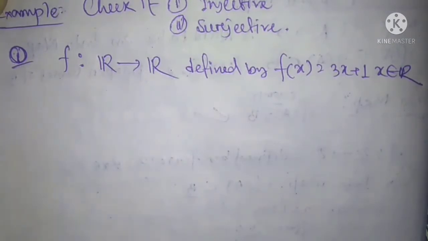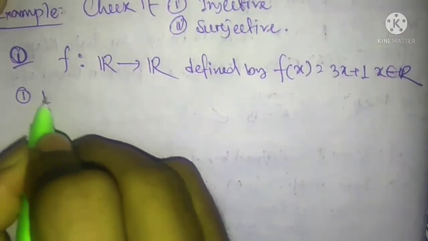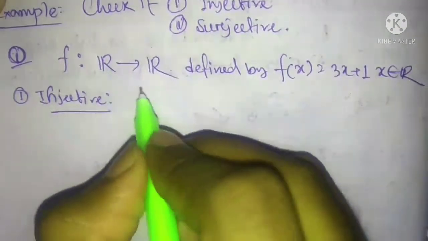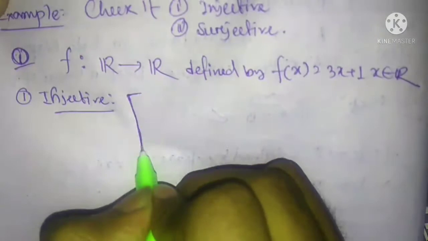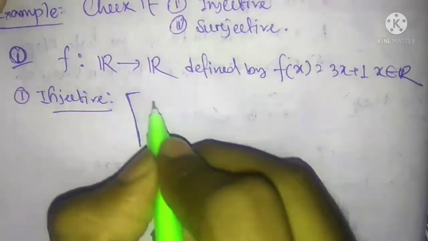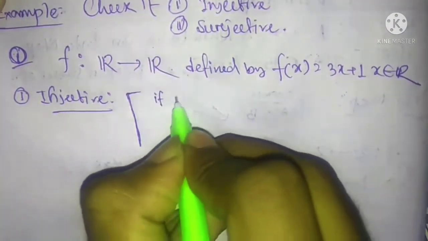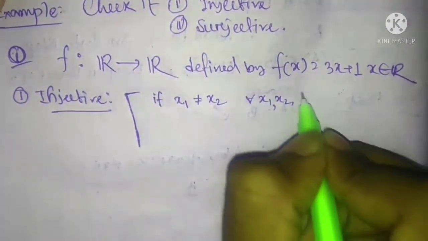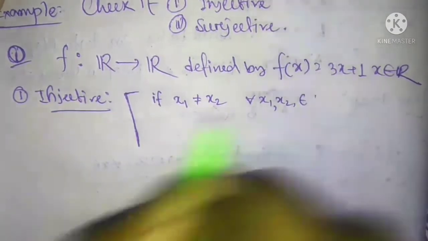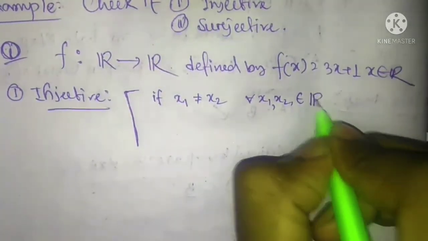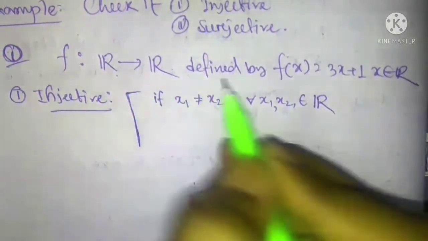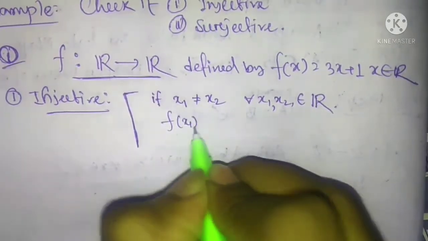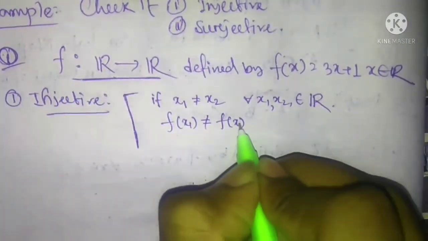Now let's check it. First, for checking injective, if x1 is not equal to x2 for all x1, x2 belonging to the domain set R, then we should check that f of x1 is not equal to f of x2.